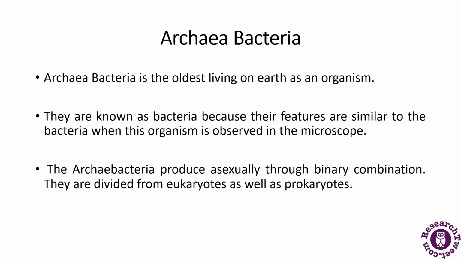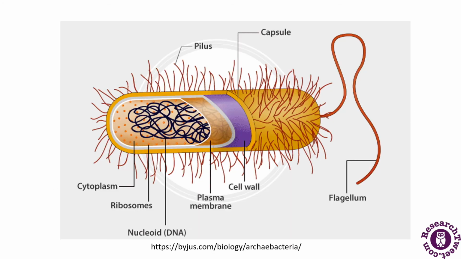The Archaebacteria reproduce asexually through binary fission and they are distinct from the eukaryotes as well as the prokaryotes. They can easily survive under very harsh conditions such as the bottom of the sea and volcanic vents, and they are thus known as extremophiles.